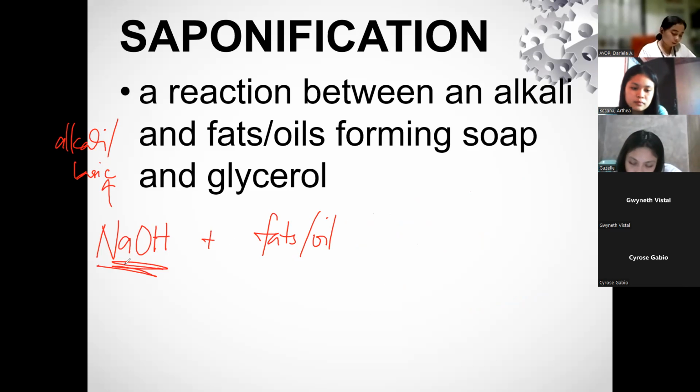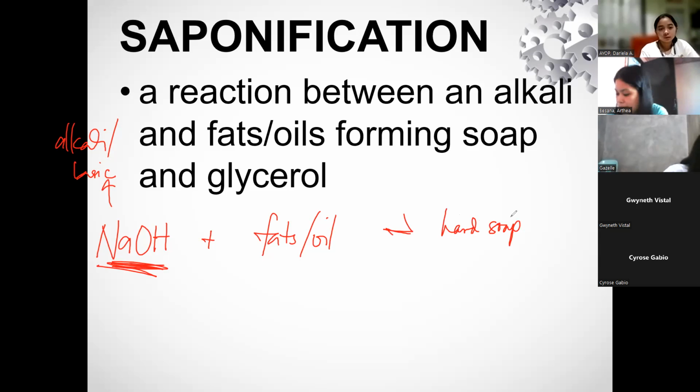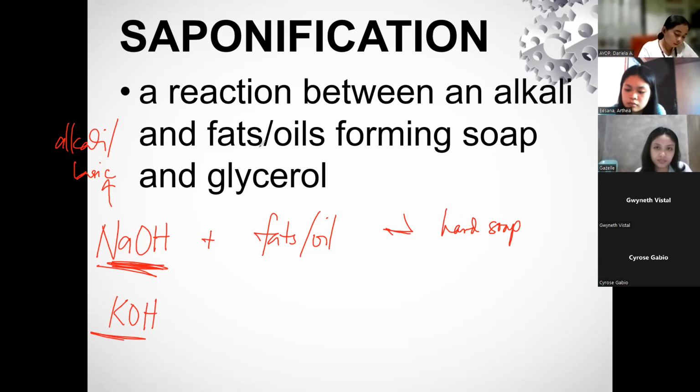Nevertheless, if we're going to use sodium hydroxide, we will always produce hard soap. Kapag liquid soap naman yung gusto niyong maproduce, we use potassium hydroxide. This is sodium hydroxide. This is potassium hydroxide.